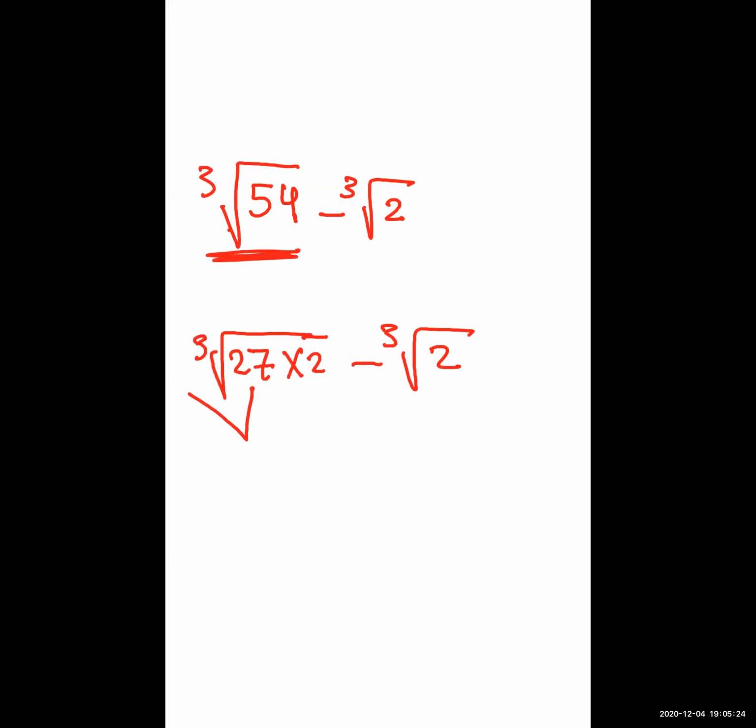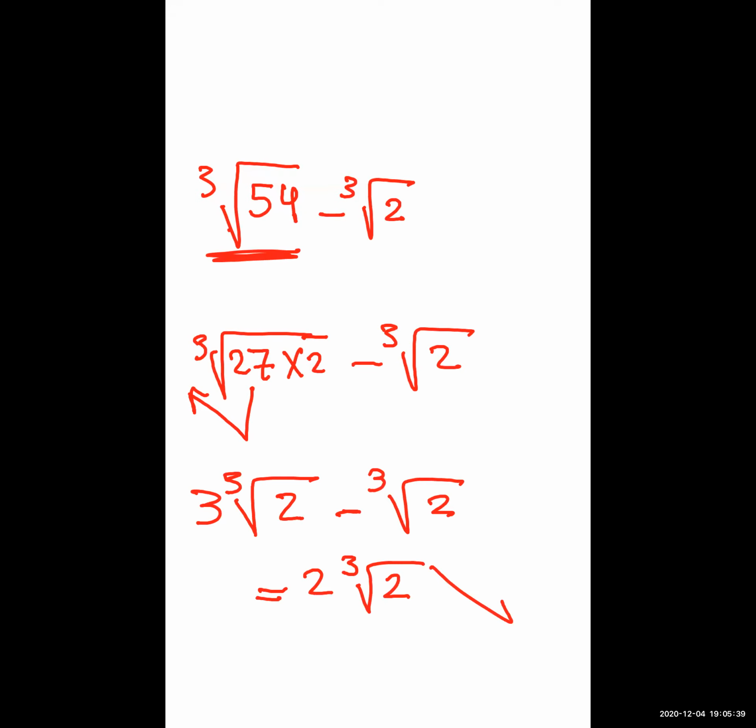So 27 means 3 cubic root of 2 minus cubic root of 2. So it will equal 2 cubic root of 2. Okay, guys, it's clear? Yeah. Okay, then the next point.